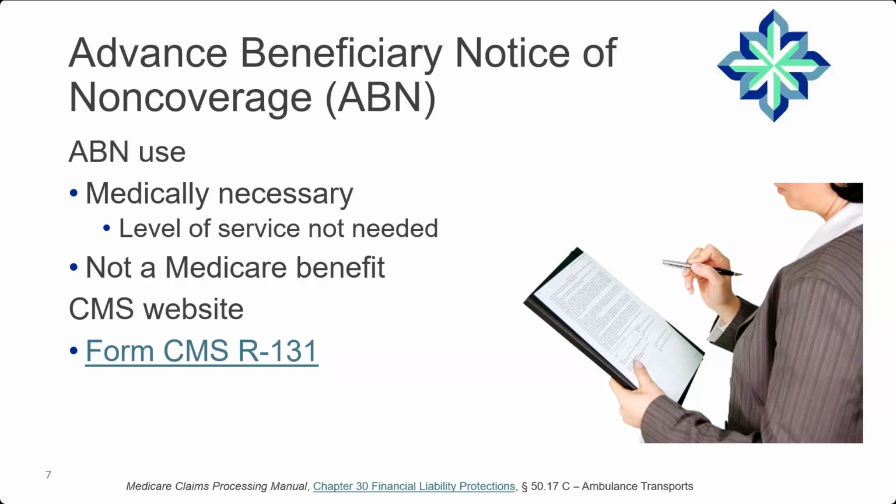In real life application, this occurs when an air transport happens, but a ground transport would meet the patient's requirements. So let me restate that again. An air transport happens, but the ground level is what is required by the patient's needs. So hopefully all of that makes better sense and answers a couple of those basic questions.